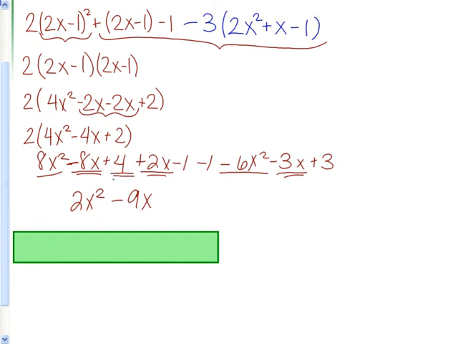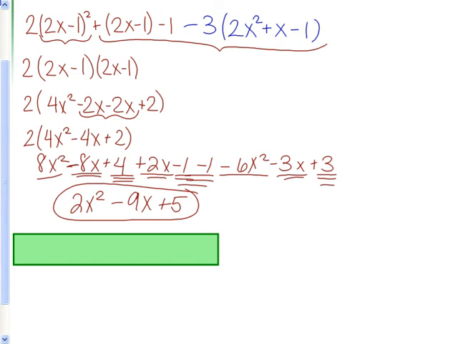Okay, then I've got the 4, these 1s, and then this 3. So 4 minus 1 is 3, minus 1 is 2. 2 plus 3 is 5. So that is the value of our function.